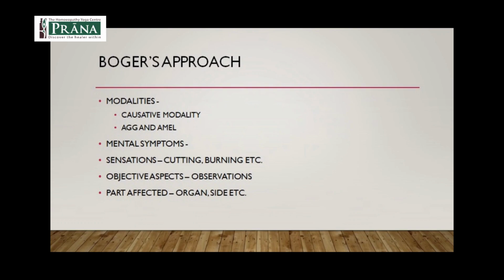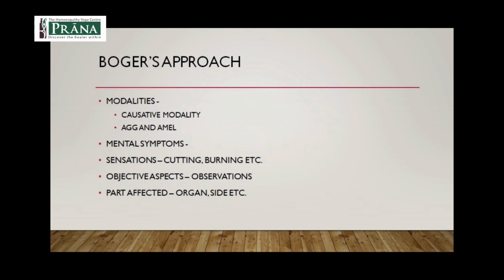After modalities, you should look for the mental symptoms, irritability, sadness, despair, whatever is the mental symptom. After that, you have to see what sensations are available. In our case, we have cramping, burning, numbness, all these sensations.